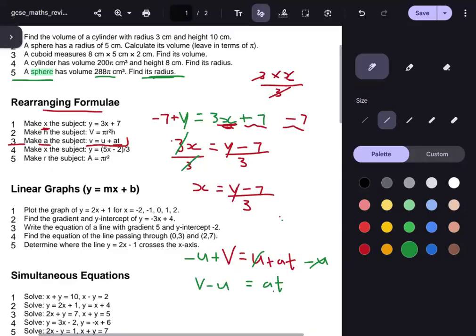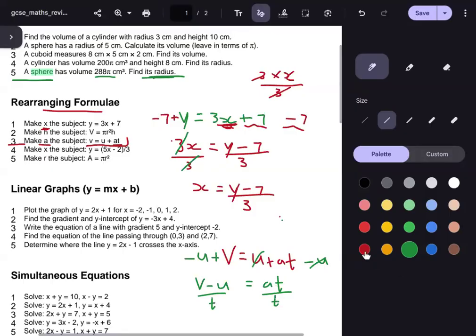It's the same thing. Now remember, here I said we were left with 3x, right? And I said 3x is 3 times x. Here we're left with at, and at is the same as a times t. So what we can do is divide by t, because on the top we're timesing, so at the bottom you can divide to get rid of the t, right?